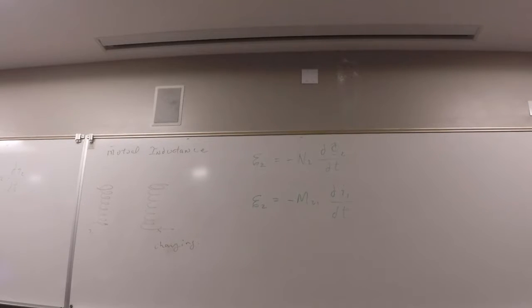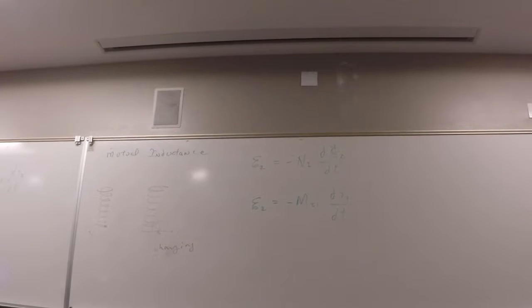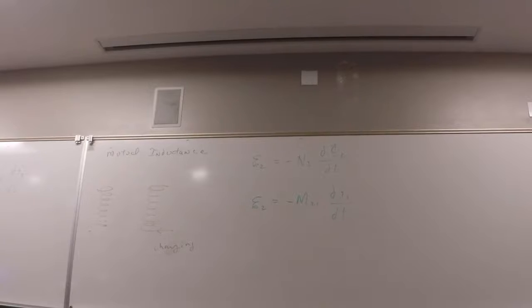So if I have two separate coils, the mutual inductance can be described as the number of coils in 2 multiplied by the flux produced in coil 2 by coil 1, divided by current 1.